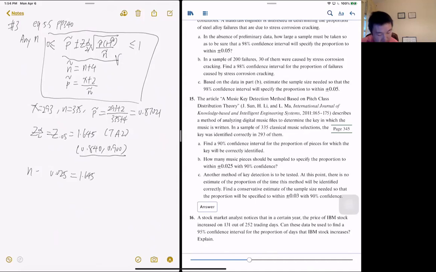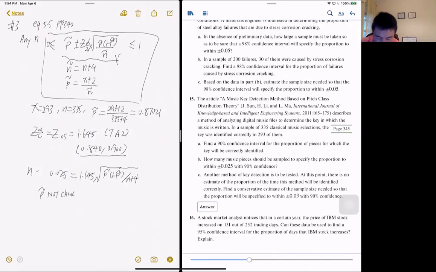So 0.025 will equal the z value, 1.645, because this is again 90% confidence. So z half alpha is 1.645. And plus 4. So the modified p, the sample proportion, will not change.